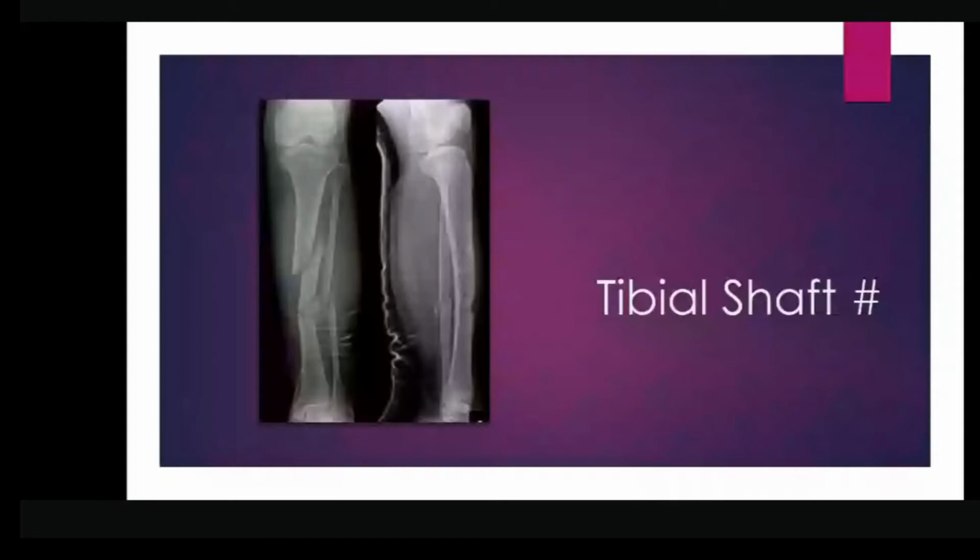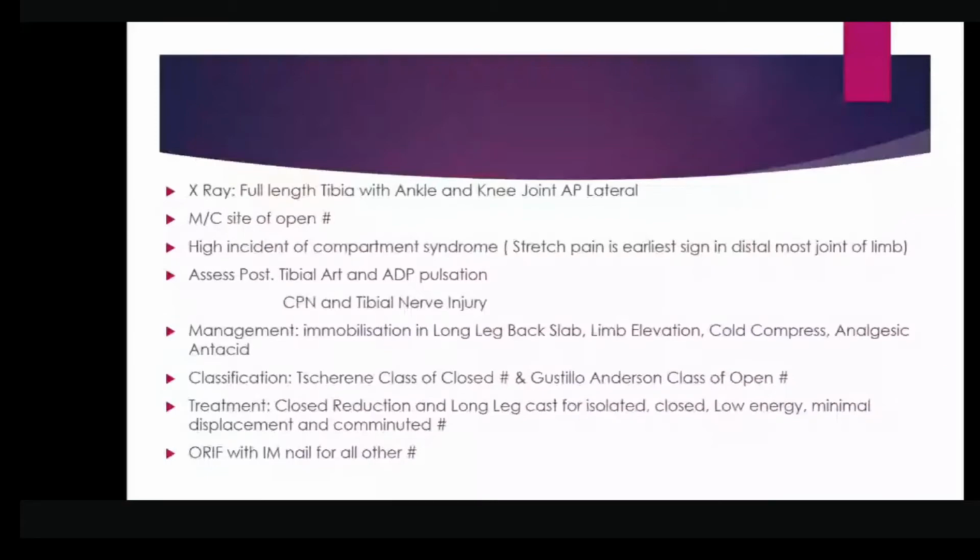Now, tibial shaft fracture, again, X-ray. The most common site of open fracture is the tibia. Why most common? Because the tibia, if you consider the medial part of the tibia, is almost palpable throughout its length. Subcutaneous, no significant muscle bulk.